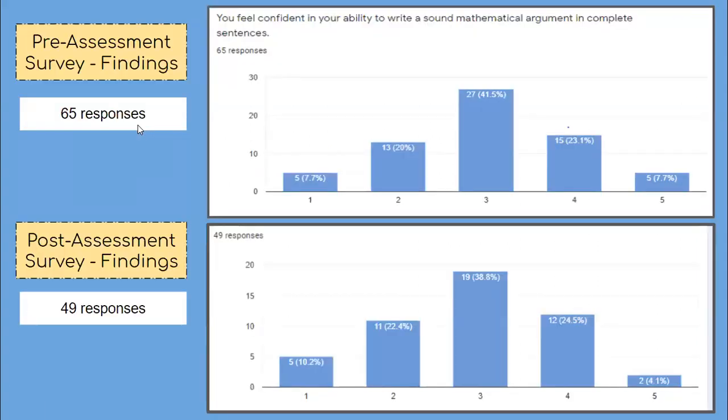With the pre and post surveys, I didn't have the same sample size, so I couldn't combine the graphs, but for the most part, the trends are for these questions pretty much remain the same. I didn't have a significant amount of students show an increase or decrease in confidence in terms of writing a mathematical argument.